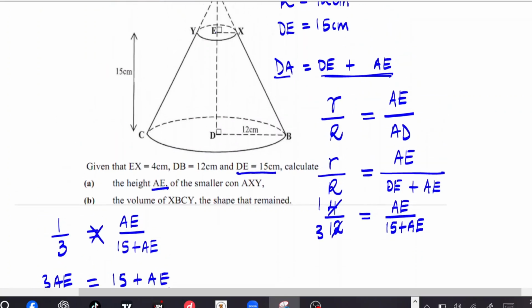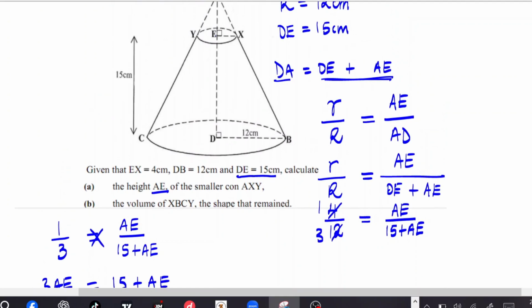Let me just scroll. So they are saying the volume of XBCY. This part here, they are talking now of this one here, the one which is like that.